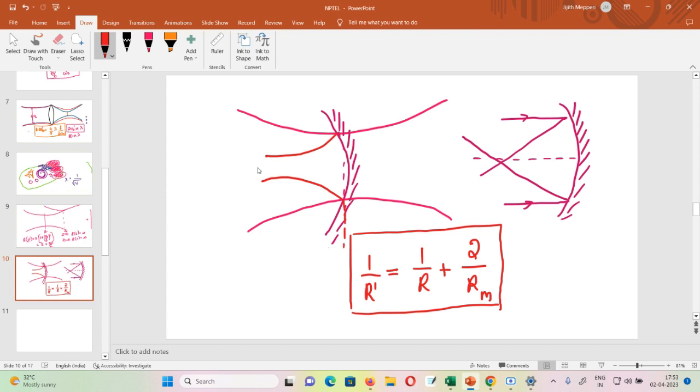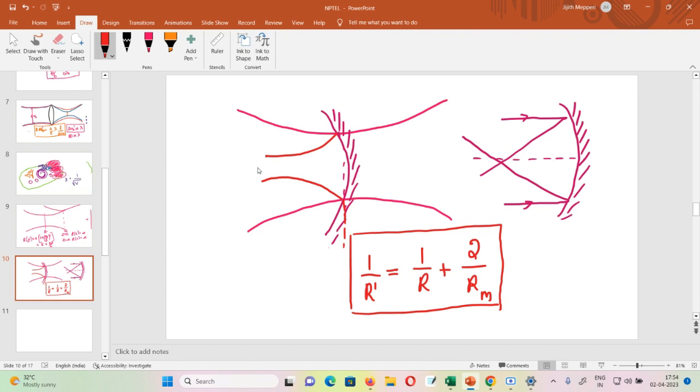This equation says how a beam is transformed after passing through the mirror. This r prime is the radius of curvature of the beam just after reflection. R is the radius of curvature of the beam just before reflection, and Rm is the radius of curvature of that particular mirror.